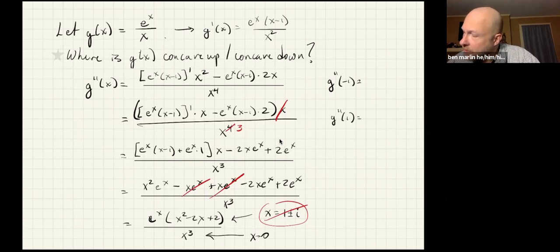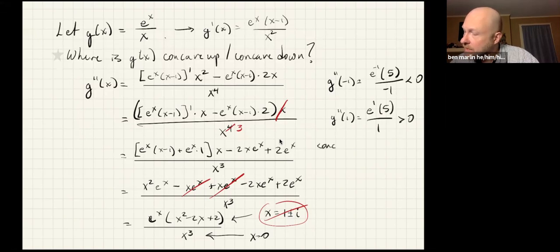For -1, you'll get e to the -1, and then this -1 squared will be 1, and then plus another 2, so you end up with a 5 there, and then divided by our -1 to the third power, which is -1. So this does end up being negative. And then when you plug in +1, you end up with an e to the +1 and the 5 again, and a 1 down here, so this is positive.